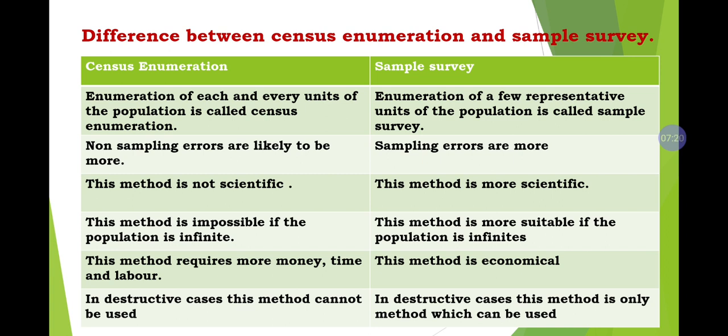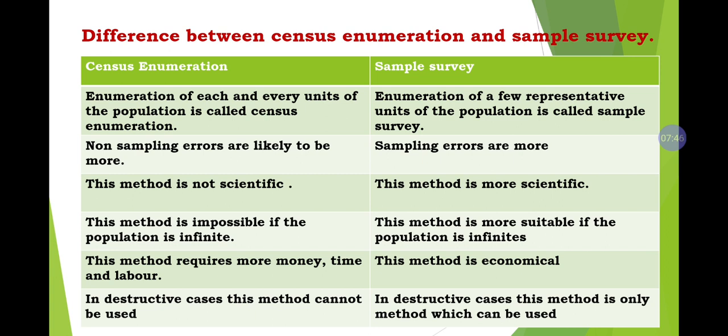In destructive cases, the census enumeration method cannot be used. If people are not there in the house, I cannot get the count. If people have shifted from one place to another, I cannot get the count. So in such cases it cannot be used.